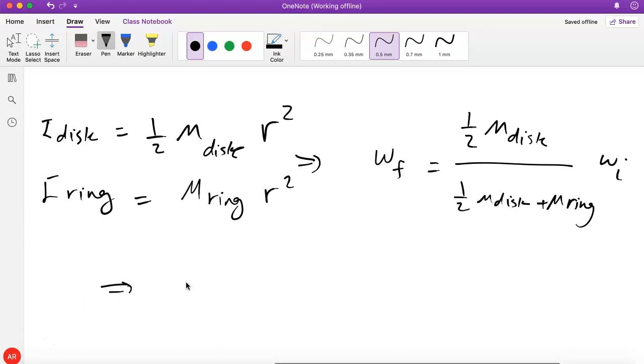So this is just 1 if we divide the denominator and numerator by 1/2 m disk. So I get 1 here, and here we get 2 m ring over m disk.